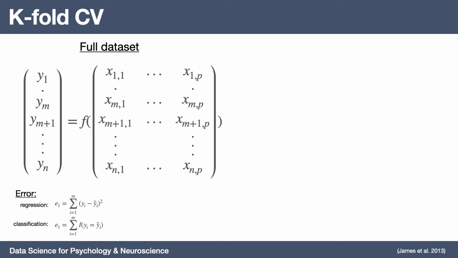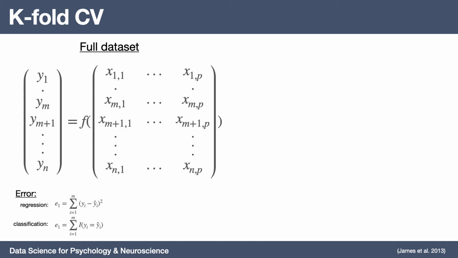The logic is that if you have n observations, you want to break your data set up into k folds. So for example, if I set k equal to 2, I have 2 folds in my routine. I'm going to break the data set up into 2 runs of a split validation.